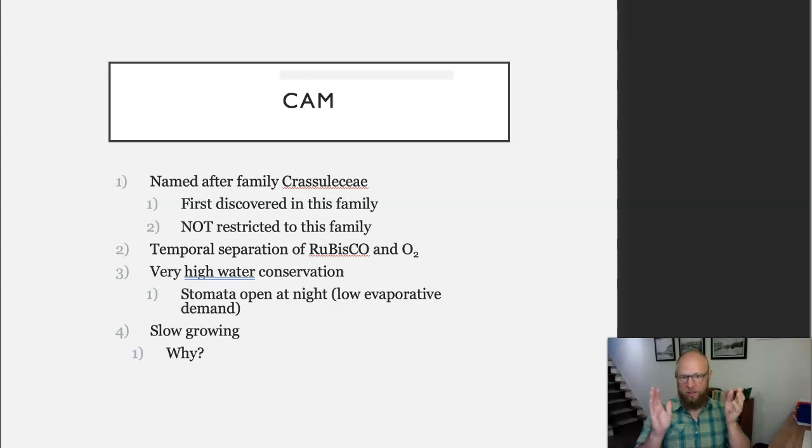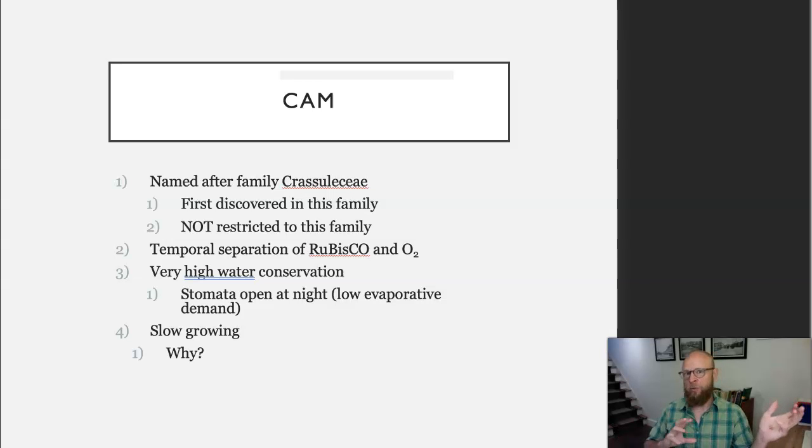And so the only plants that grow fast enough to dominate an ecosystem are going to be growing in really, really hot and really, really dry conditions, even more so than C4 photosynthesis. So plants that utilize CAM photosynthesis are well adapted to really hot, really dry conditions.